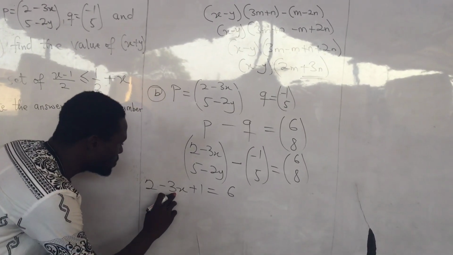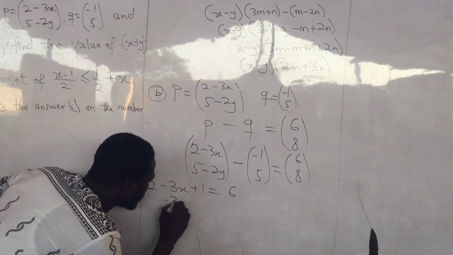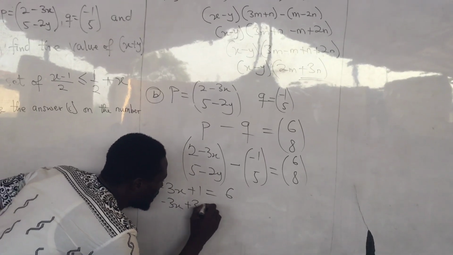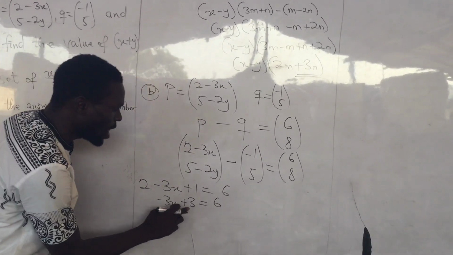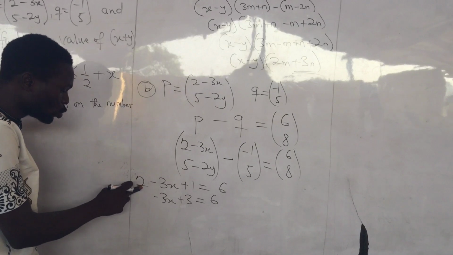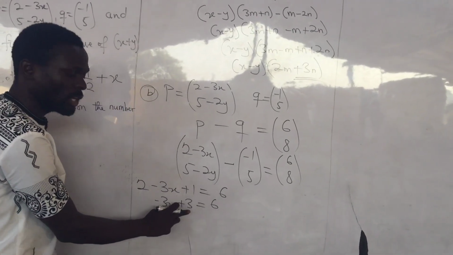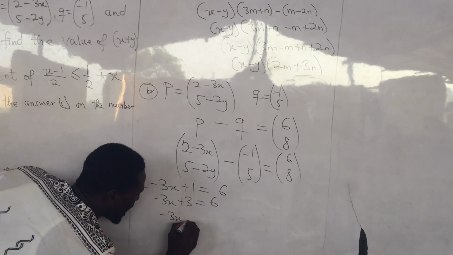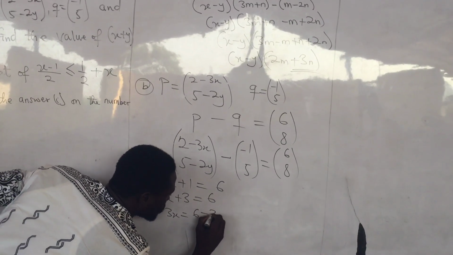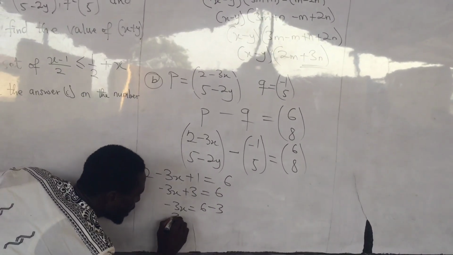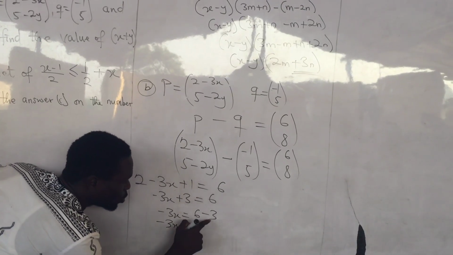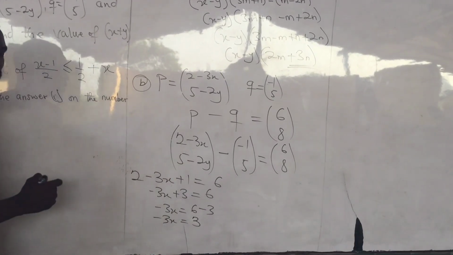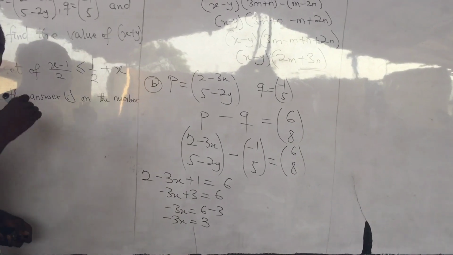So grouping like terms here will give me negative 3x plus 3 is equal to 6. Well, from the plus 3, you have 2 plus 1 giving you 3. Group like terms, you have negative 3x is equal to 6 minus 3. You have negative 3x is equal to, subtracting will give you 3. What do we want? We want x.